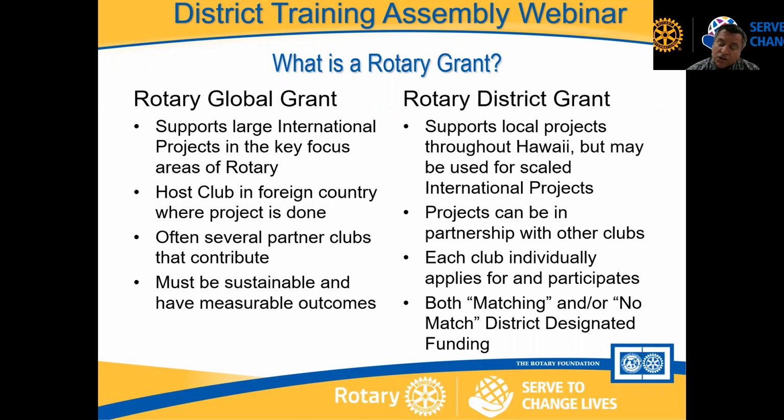But each club actually applies for the funds and participates individually. So in other words, even if it's a partnership type of project, each club still needs to write their own grant and have some level of participation. Within the district grant, there's two types of funds: matching funds and no match funds. We're going to get into that a little bit more in just a bit.